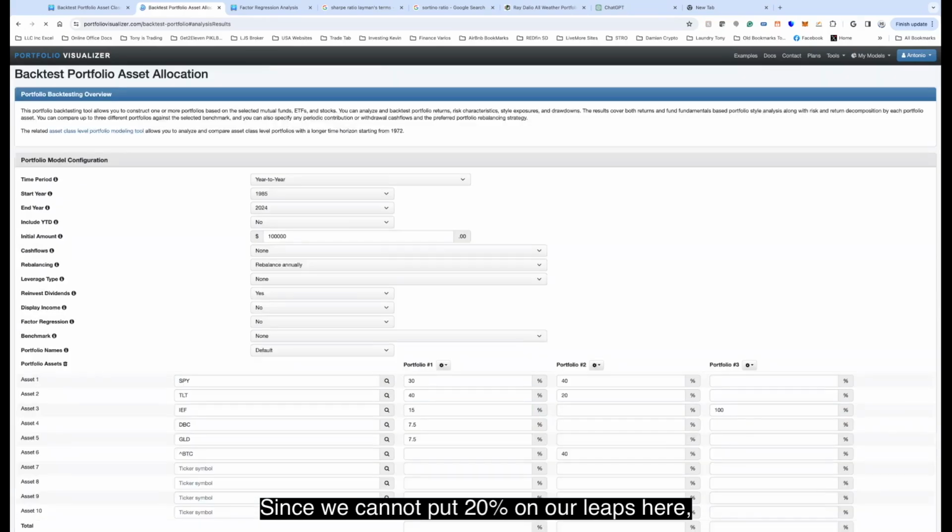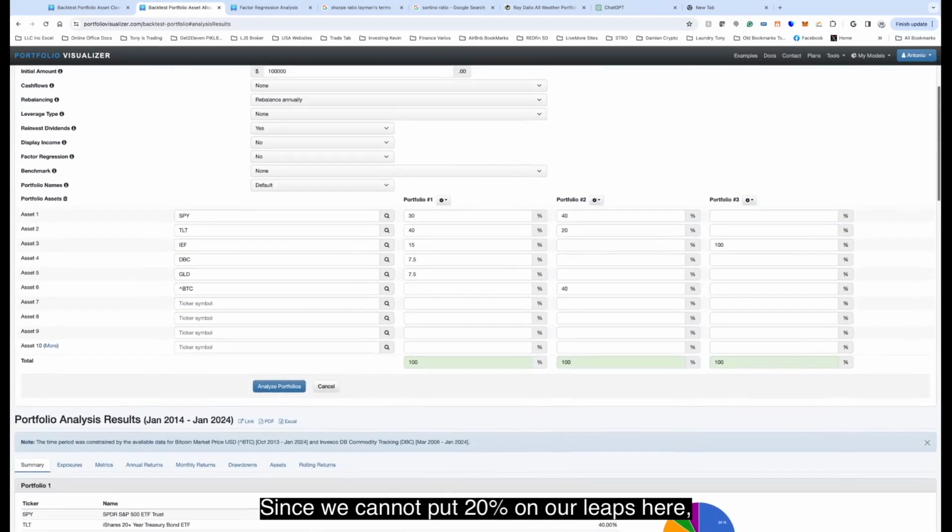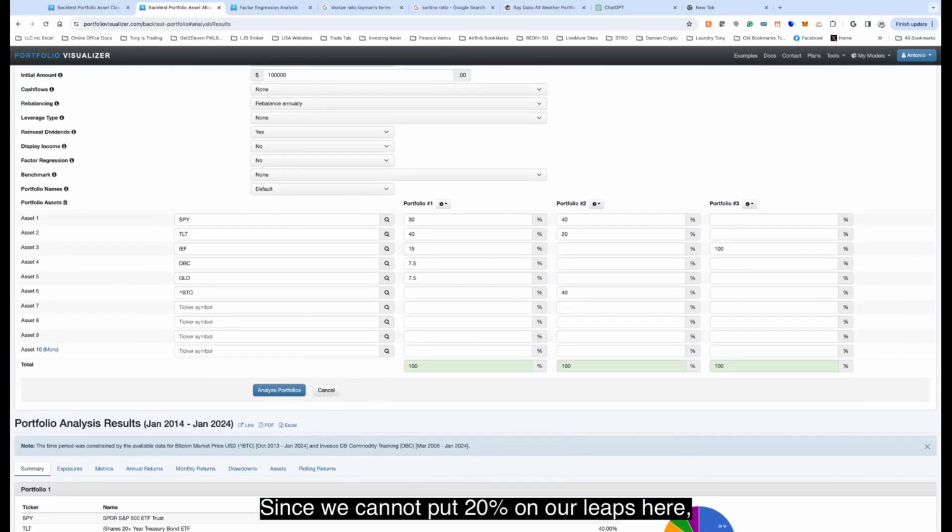Since we cannot put 20% on LEAPS here, for simplicity I put 20% on TLT. Also, Hugh said he would short 100 units of the Chinese yuan, what he calls the red cabbage. Unfortunately, we cannot do that in this portfolio. But yes, we can do his four quadrants, which right now are Bitcoin, long-term bonds, and SPY.